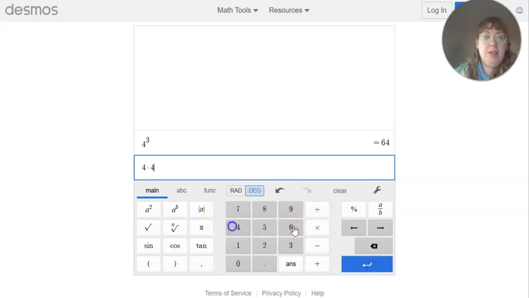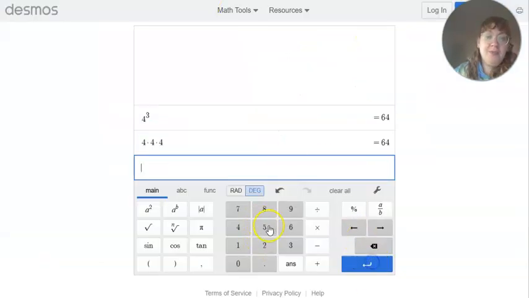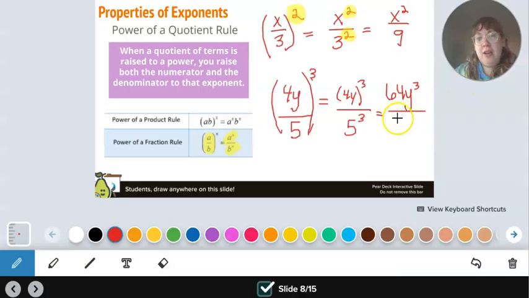And again, remember that's 4 times 4 times 4, 3 times. So we have 64y cubed divided by 5 cubed. 5 times 5 times 5 is 125. So just kind of showing you that when we have a quotient like this, we want to make sure both the top and the bottom are getting that exponent. Okay? Alrighty. Let's go to the next slide.